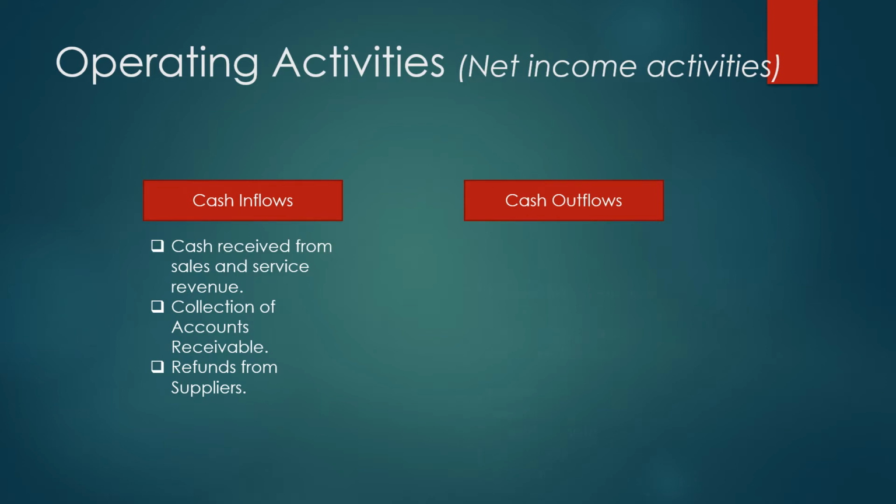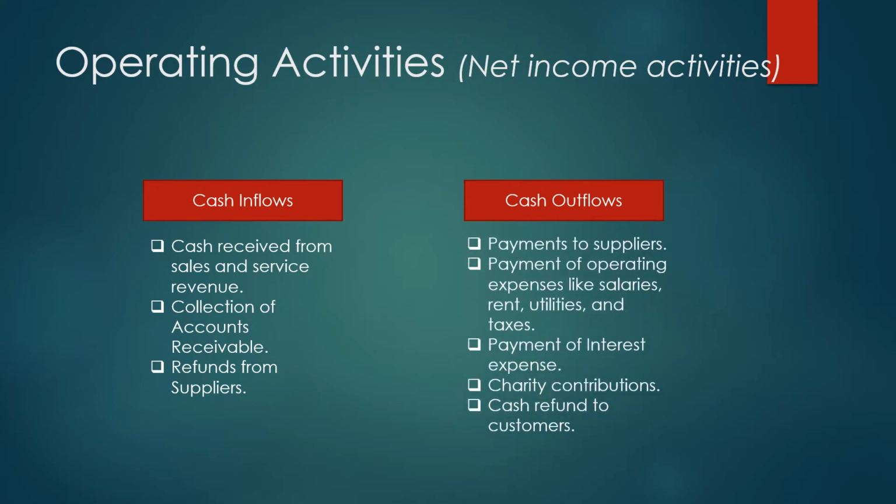Now, for the cash outflows, payment to supplier. So, example ulit, bumili ka ng flour, definitely. Pero, yung cash na binayad mo kay supplier, that is an example of cash outflow, di ba? Nawalan ka ng pera, napalitan ng flour. So, cash outflow yon.